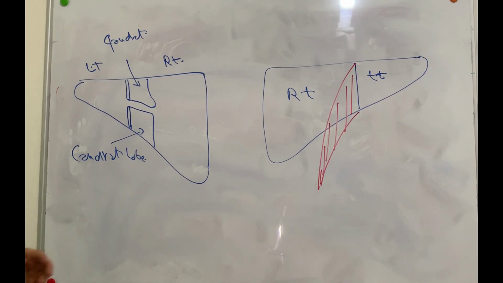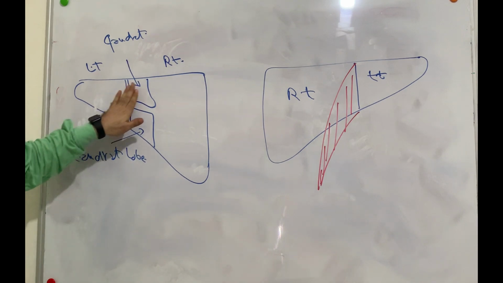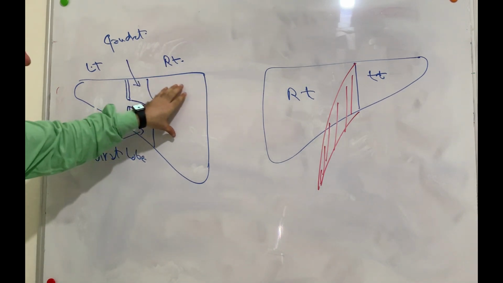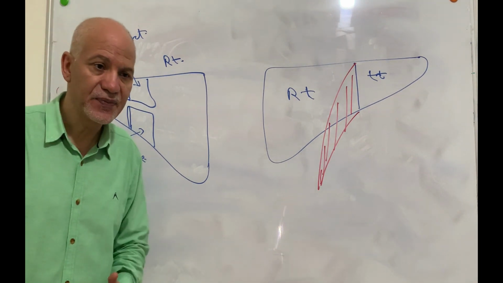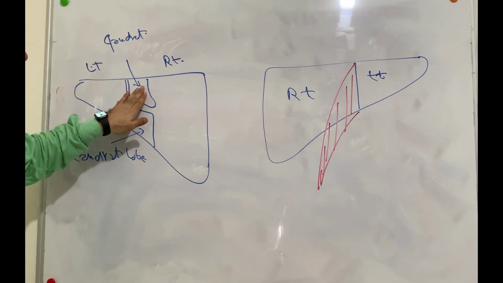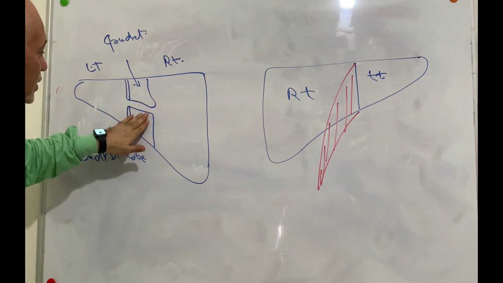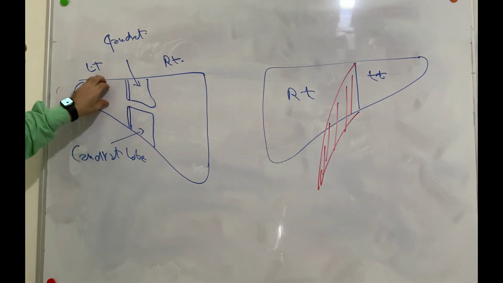So anatomically, the liver is divided into right and left lobes. The caudate and quadrate lobes are related anatomically to the right lobe. But physiologically, the function of the caudate and quadrate lobes is related to the left lobe.